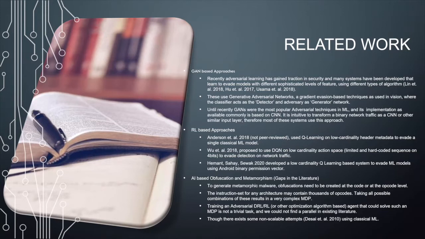In this particular approach, malware is laid out in the form of a CNN map or two-dimensional map, which is put against these GAN networks. And then these GAN networks learn how to evade those low-level binary intrusions. Most of this comes from gradient-based approaches, and we'll talk about why gradient-based approaches are not a very good idea.